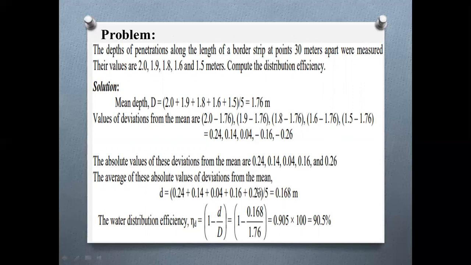The absolute values of these deviations are 0.24, 0.14, 0.04, 0.16 and 0.26. Now the average of these absolute values is d equal to 0.168 meter. Hence the water distribution efficiency eta d is equal to 1 minus d upon D, which is equal to 90.5%.